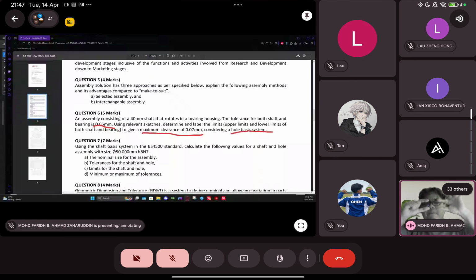And they want the upper limits and lower limits of both shaft and bearings to give a maximum clearance of about 0.07 mm, using the hole basis system. Hole basis system: the basic size, the norm size for the hole is equal to the exact size.